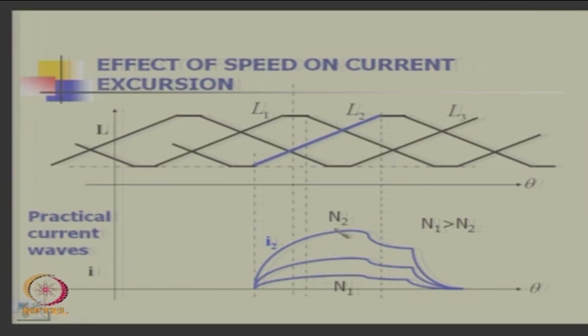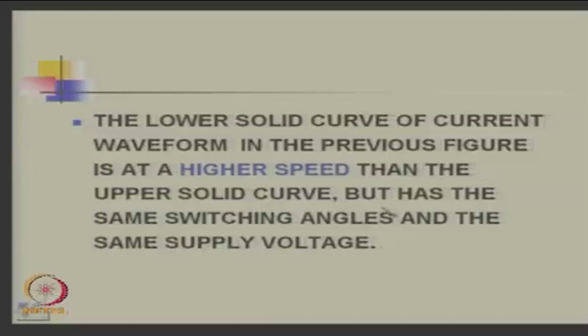If your speed is low, then current will be more. So, this will be the response of currents, the practical waveform for different rotor speeds. So this is one higher speed and lower speed, for the same supply voltage, because back EMF is different.